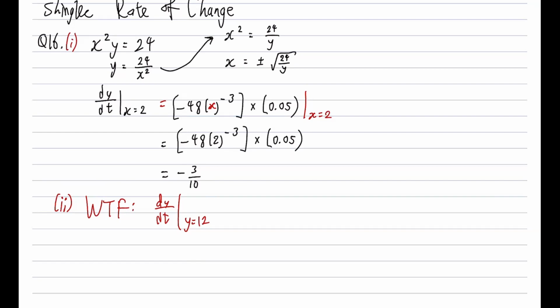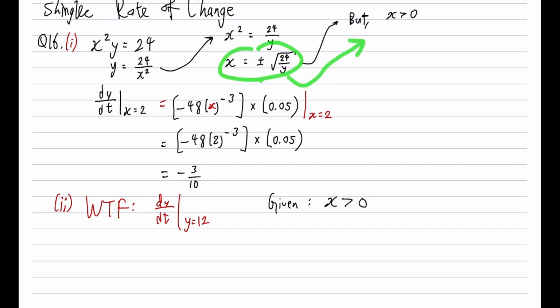But they told you x is more than 0, given x more than 0. So that means which one can you reject? Or which one do you keep? When you take square root, you need plus minus, right? So you have x more than 0.